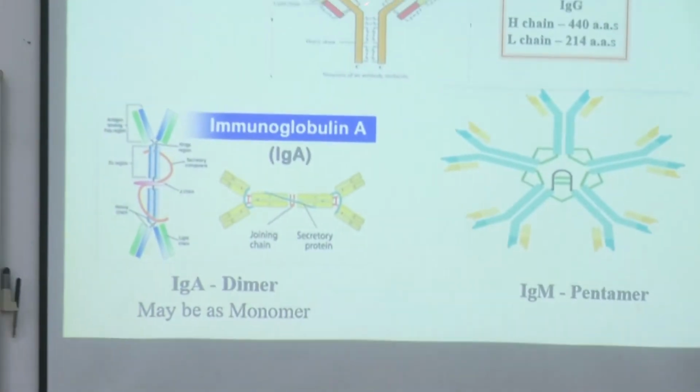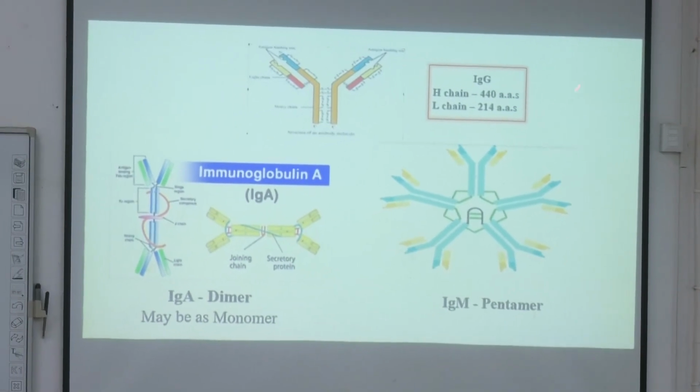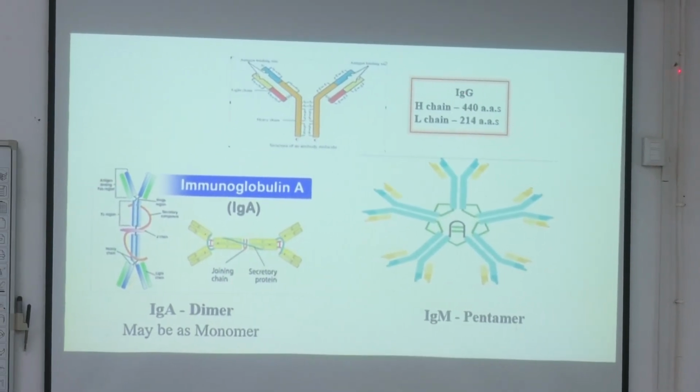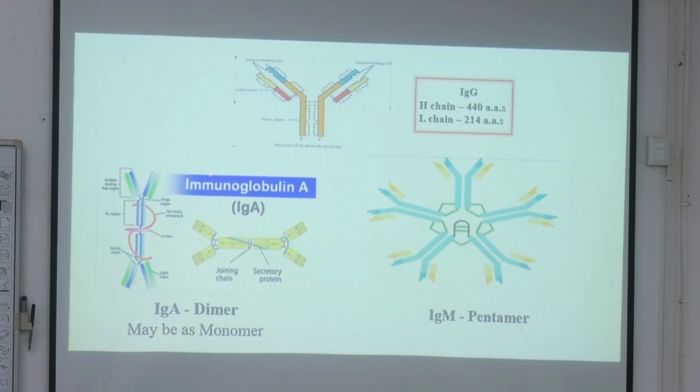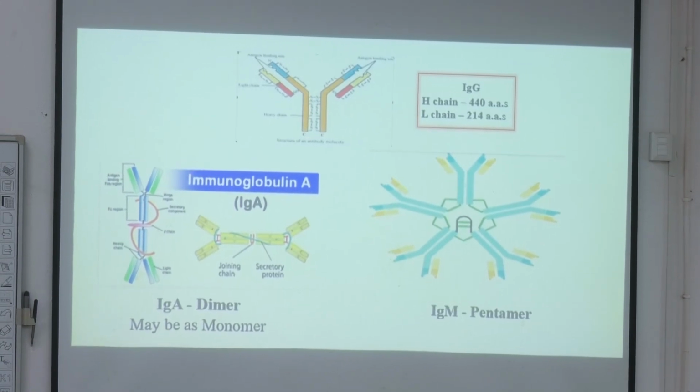So this I told you earlier. Again I am repeating that IgG is a monomeric structure. IgG usually can exist as a dimer, or it can be a monomer. In contrast, IgM is always a pentamer, and it is joined by a J chain.